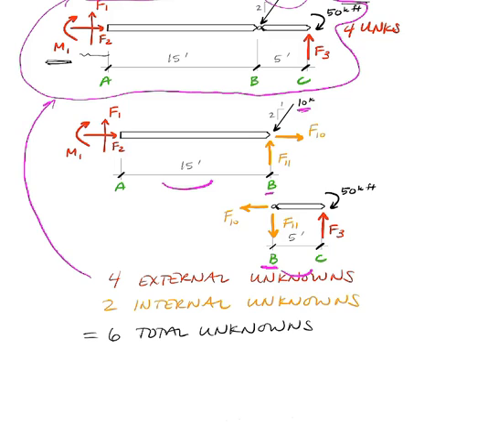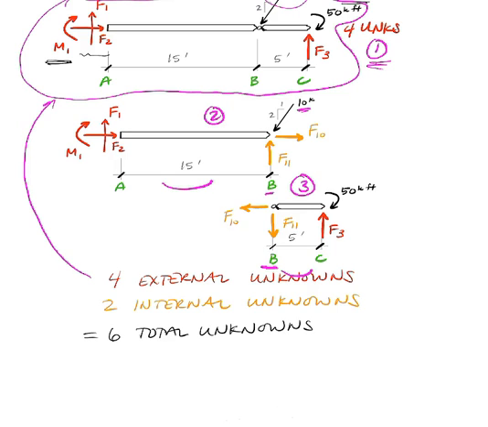And now I've got an interesting discussion to be had here. I actually have 1, 2, 3 free body diagrams, but I actually only have 2 that are linearly independent. Any 2 diagrams will be able to create the 3rd diagram. So for instance, if I have diagram 2 and 3 and I put them together, again I get diagram 1.